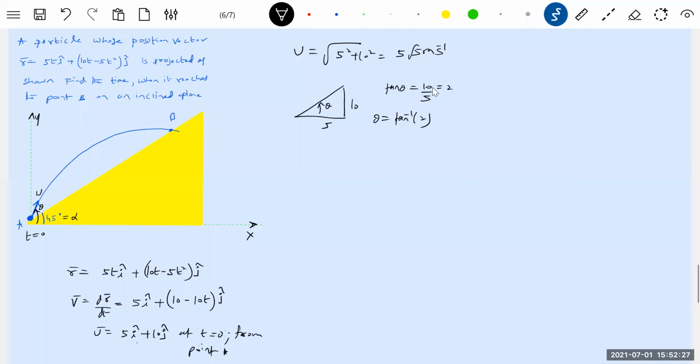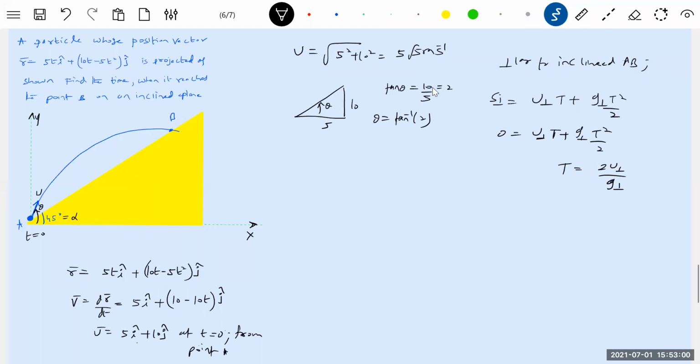Displacement perpendicular to the inclined plane AB, we are going to discuss the motion. That should be equal to S perpendicular equals U perpendicular T plus half G perpendicular T square. This should be 0. So what we should bring here is U perpendicular.